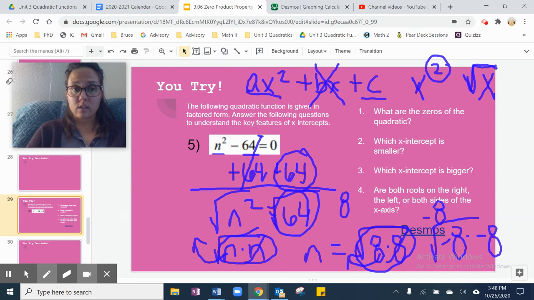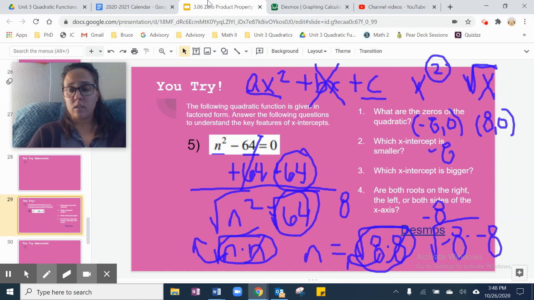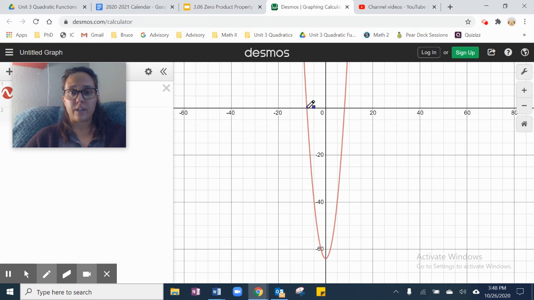In this case, positive 8 times positive 8, or negative 8 times negative 8. So that means the zeros of our function are (-8, 0) and (8, 0). Negative is smaller, positive is bigger, and it's going to be on both sides, right? We have -8 over here, and then we have +8 on the other side.